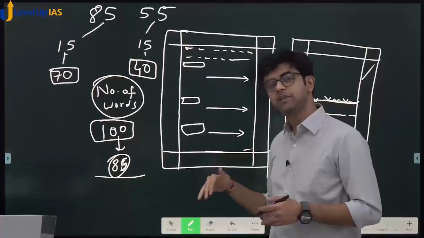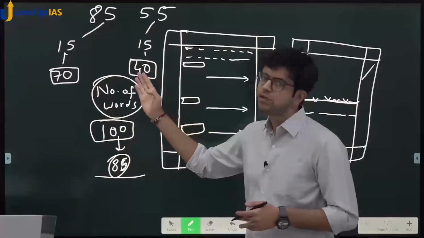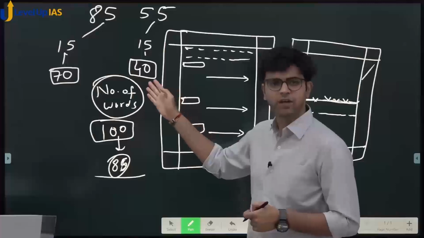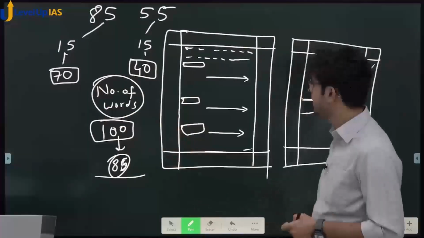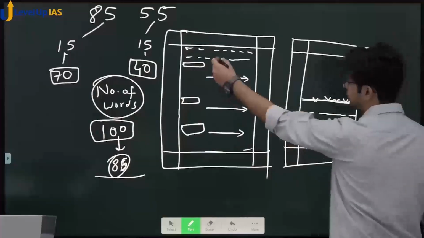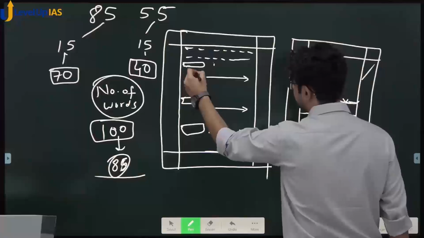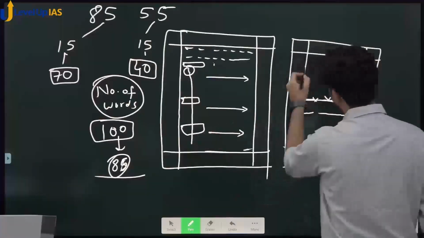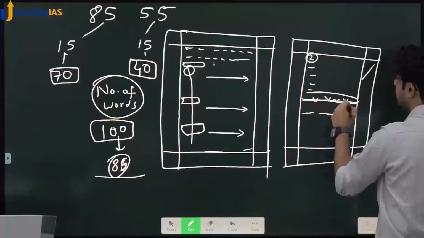So visualize where your first part should end. You can do 70-40 also. You can do 60-50 also. But more should be given to the first part. So let's say here you have 70 words left. You finish and justify your first part here. And then you start your second part about other factors, 1, 2, 3, 4, and then you write the conclusion.